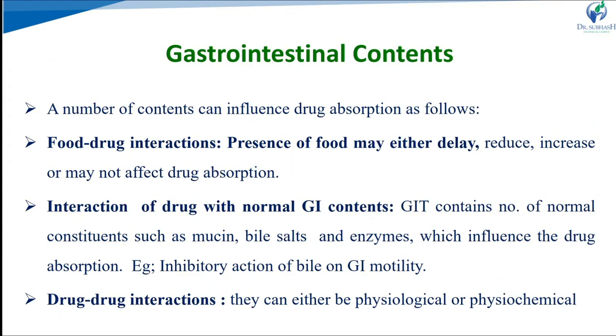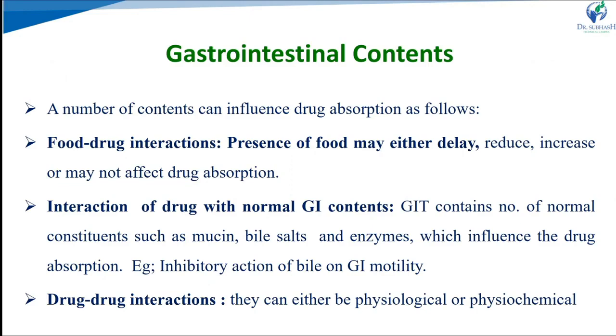Then the gastrointestinal contents, such as food, the normal GI content already present, and one drug with other drugs, can influence drug absorption. Food-drug interactions in general may reduce, increase, or not affect drug absorption.